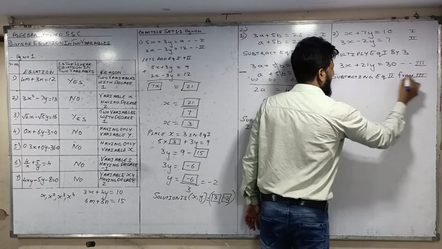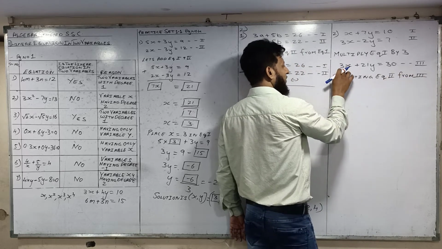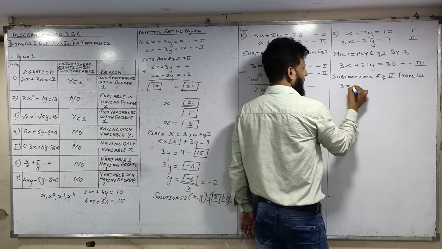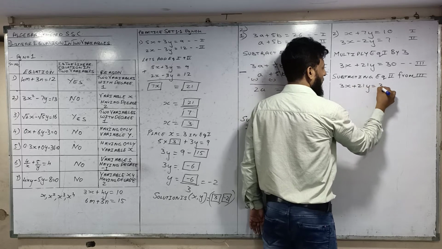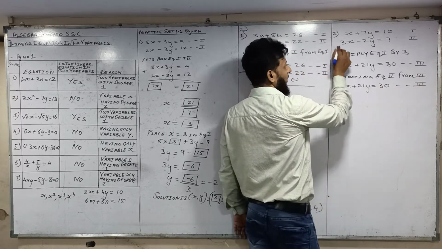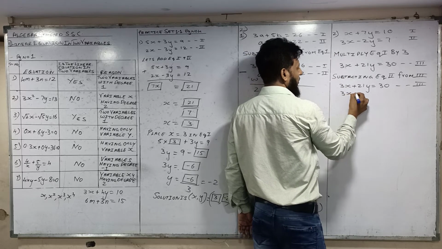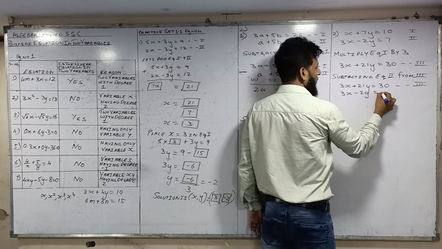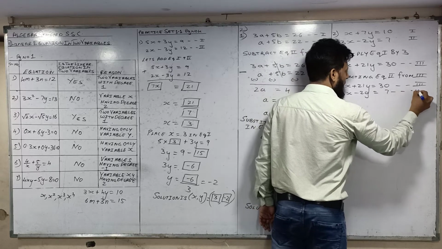When I am subtracting 2 from 3, I have to write this equation first: 3x plus 21y is equal to 30. This is our third equation, and this is our second equation: 3x minus 2y is equal to 7.